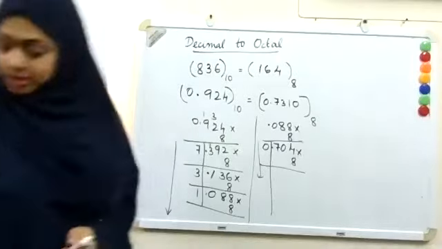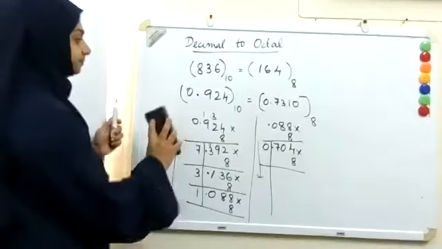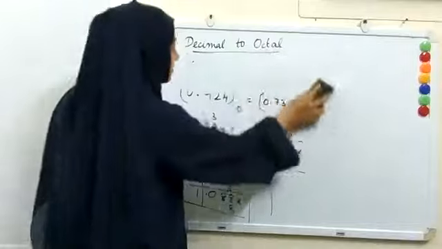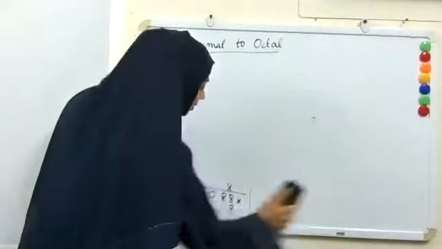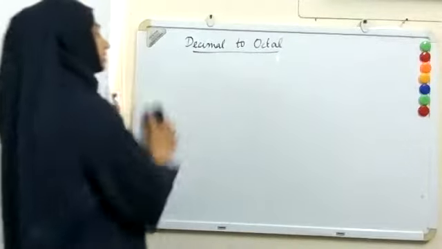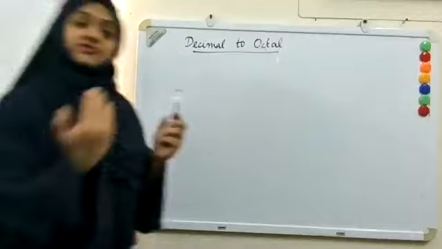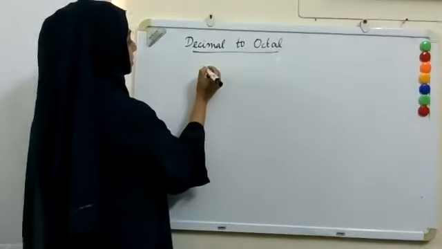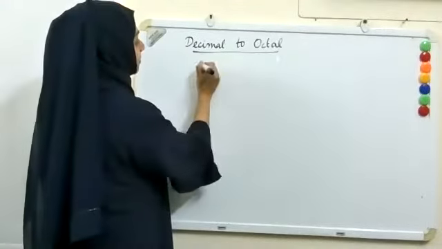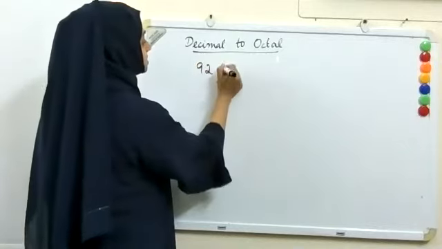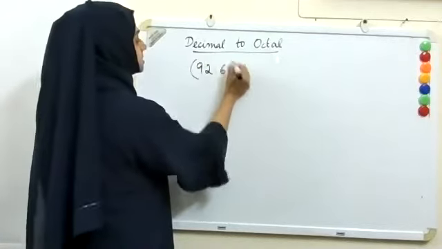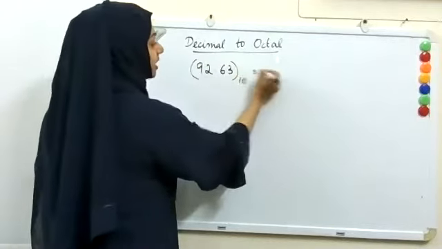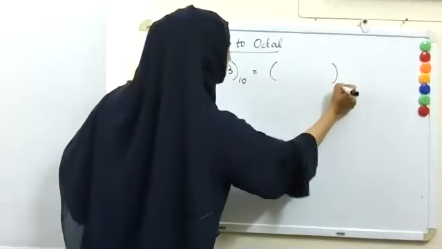Okay. Now let me take one number with a decimal point, meaning both together. There are digits before the decimal and after the decimal point. So let me put it as maybe 92.63. Okay, this is a decimal number. We have to convert it to octal.